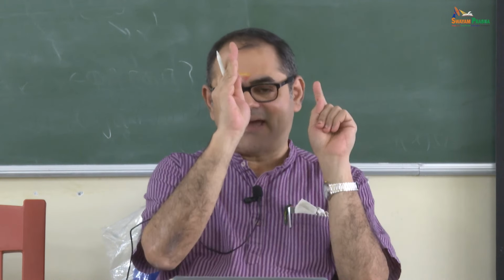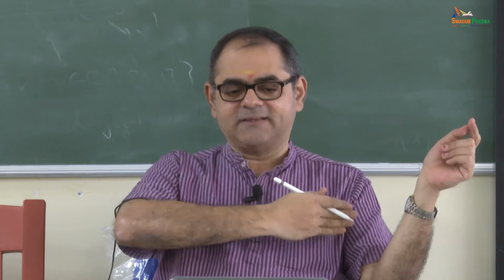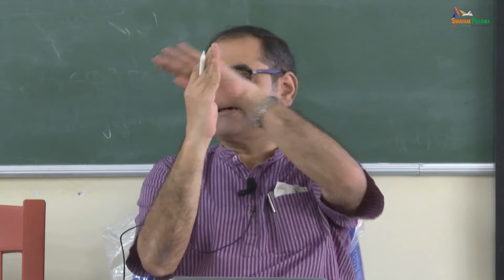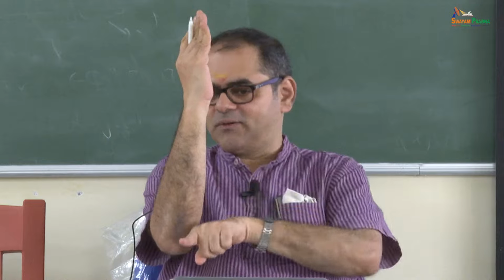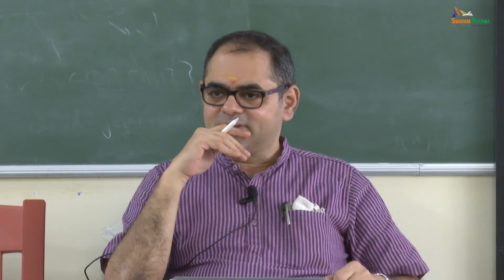So you have the tangent like this, you have the normal like this, and you have the binormal. The binormal change is happening in the normal direction, and it's like rotating about the tangent direction. So that is a fact that I told you last time.